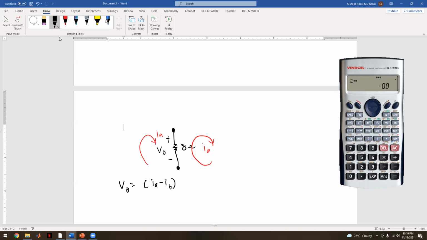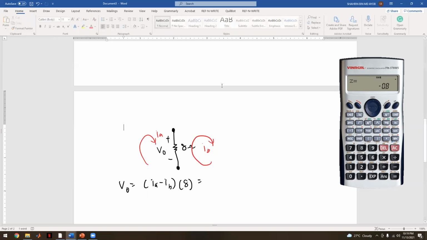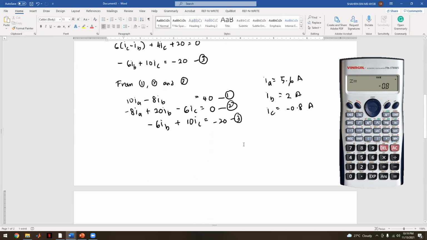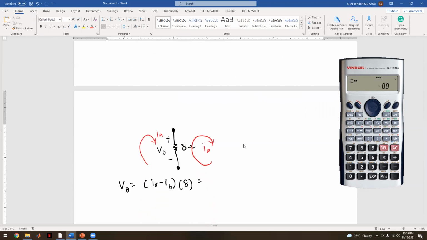Why do I choose IA minus IB? Because the polarity is actually at this side, meaning that IA is much larger than IB. Multiply with 8. So right now we can put your IA value, which is 5.6, minus IB, which is 2, and your resistance is 8.